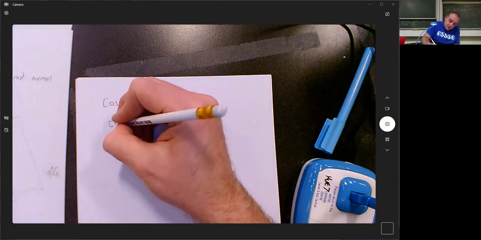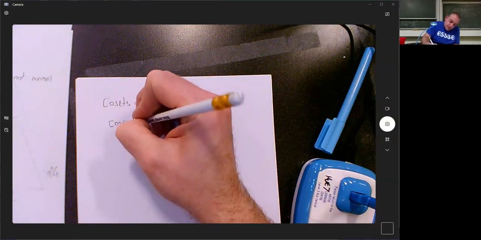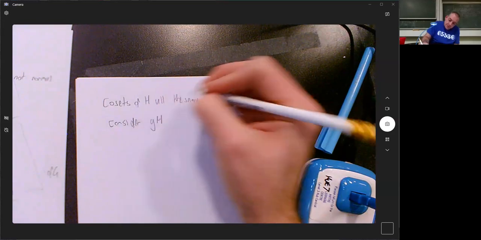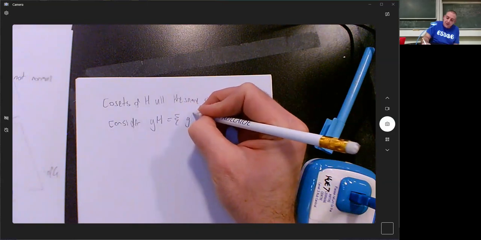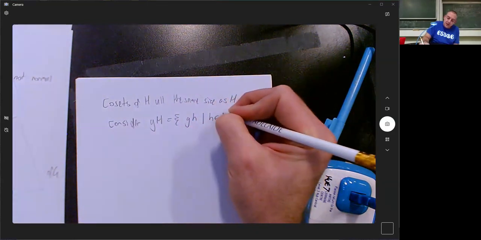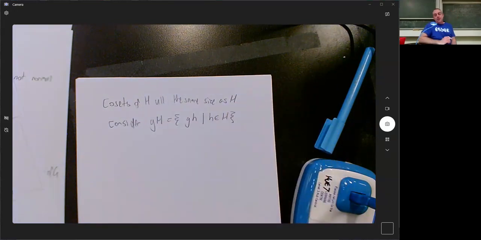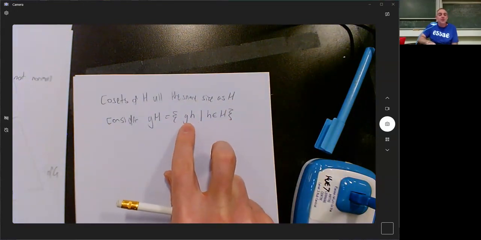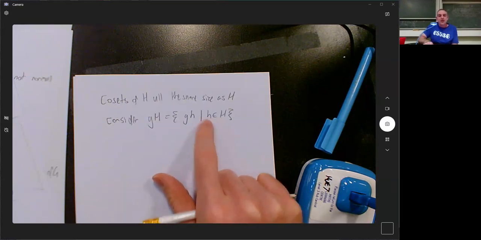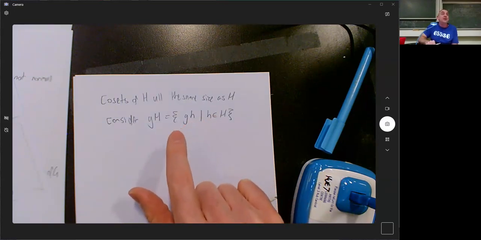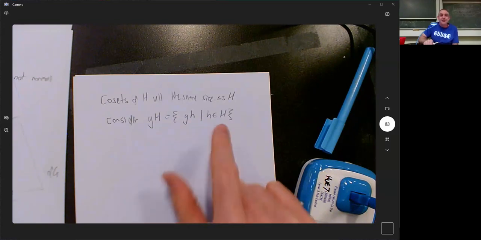So consider gH, the set of things that are g times h, where h is something in H. So you take all the elements of H and you multiply them all by g, and you get this thing called gH. It can't be bigger than H, because we only started with the size of H elements to begin with, and we multiply them all by g, so there's got to be, at most, |H| of them.